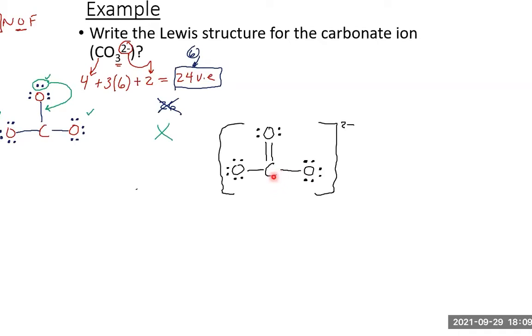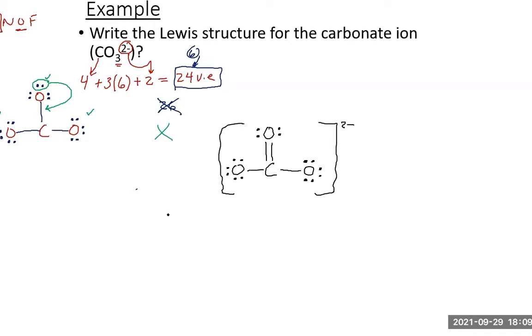Carbon in the middle, 2, 4, 6, 8 with the double bond. Oxygen on top, 2, 4, 6, 8. Everybody has 8 valence electrons, and we have a grand total of 24 electrons, and this would be the correct structure for carbonate. Question on that move there?